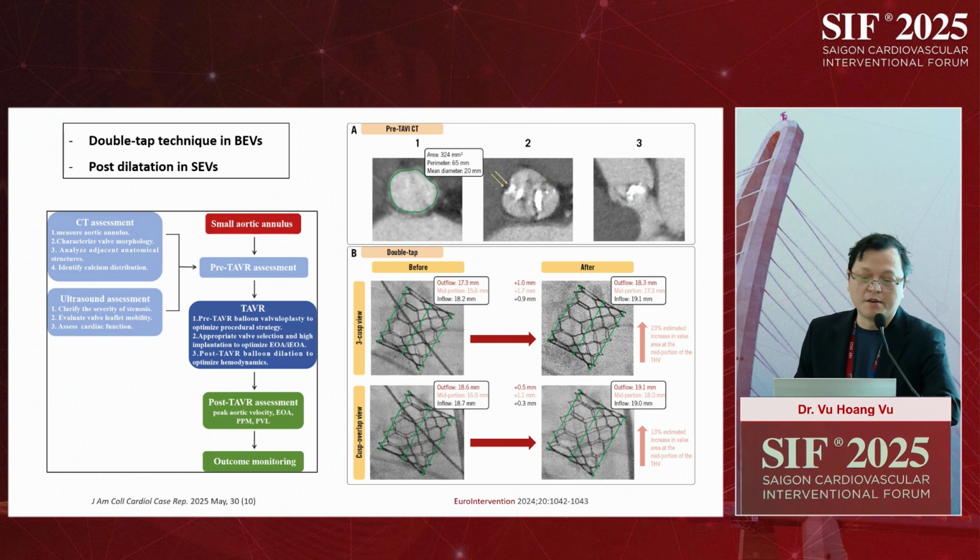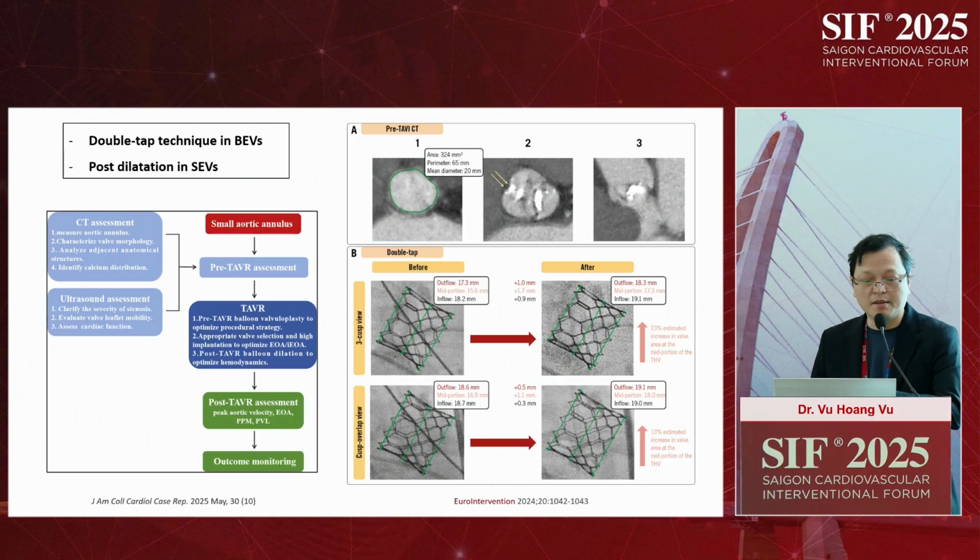When they do the first balloon with the balloon-expandable valve, the diameter is okay. But if we do the same volume again, the double tap technique, the second one is similar but a little lower. I mean, we deflate a little bit, and we have a better result in terms of the diameter of the valve, and maybe in terms of hemodynamics.